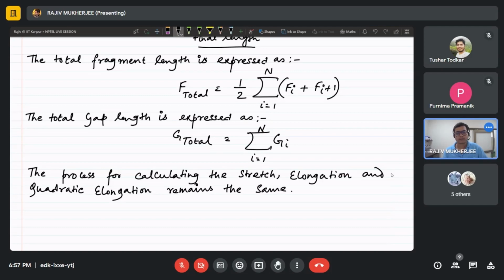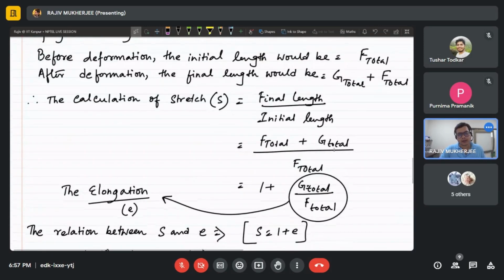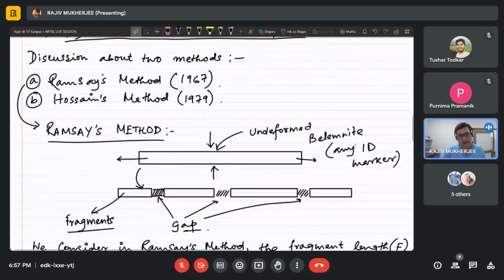Okay, so this is an overall idea about one dimensional strain analysis using the two commonly used methods.